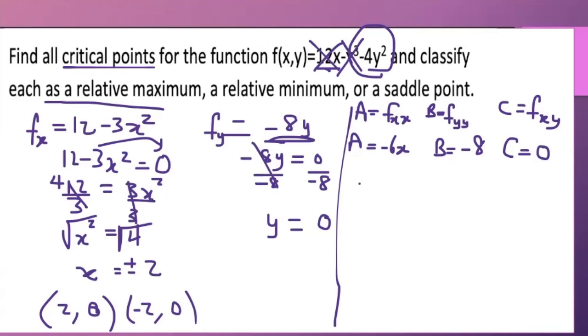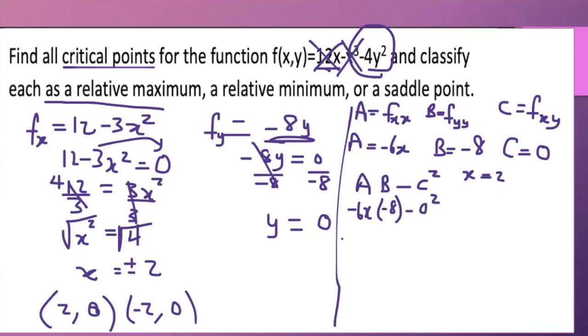Substituting, I know it's going to be AB minus C squared. Now, remember I'm testing 2 points. So I will be focusing on when x is equal to 2. So A is minus 6x, B is minus 8, and C is 0.